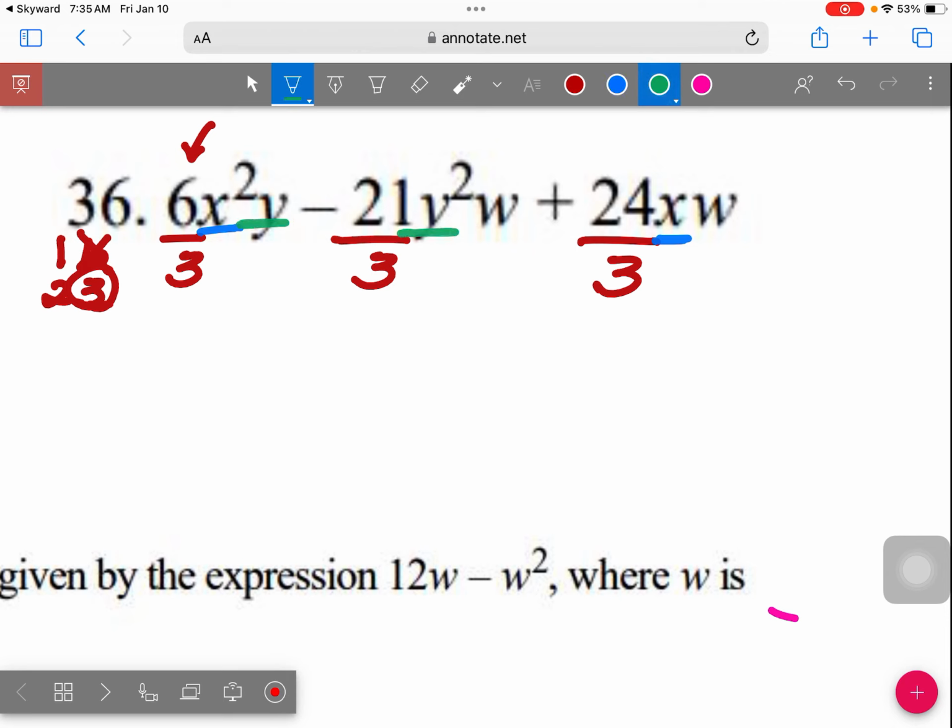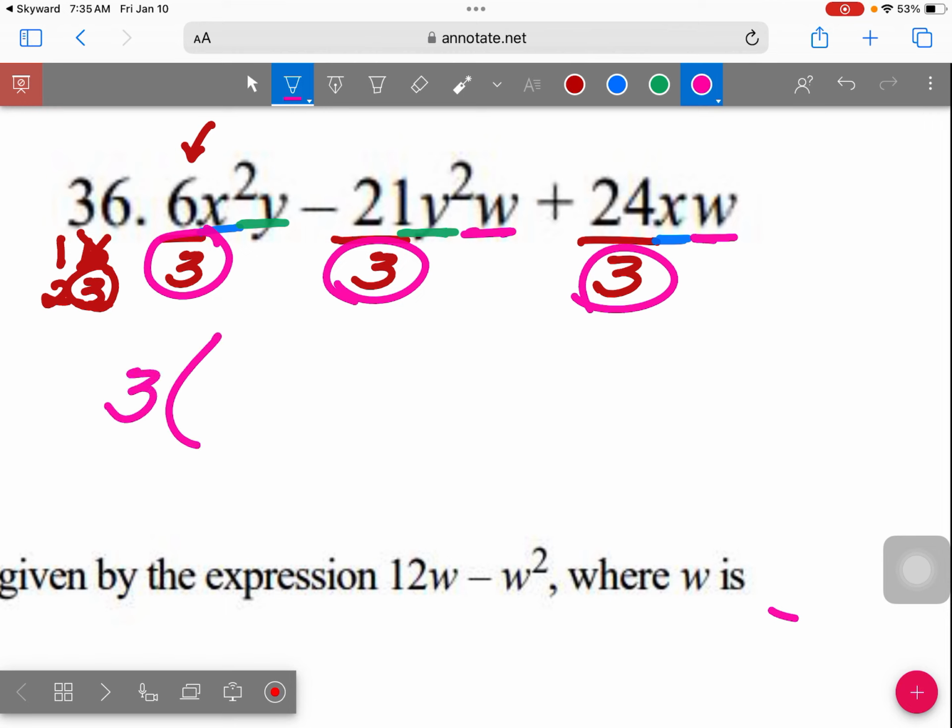I've got a y squared, no y. Can I divide by a y then? No. Well, this one even has a w. And this one does too, but the first one doesn't. So what is my greatest common factor here? It is only 3. So the 3 is what comes out in front of the entire problem.